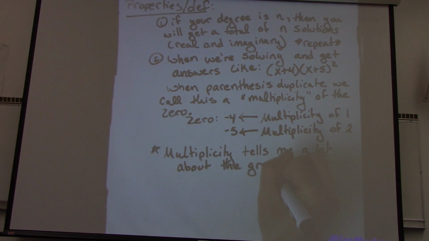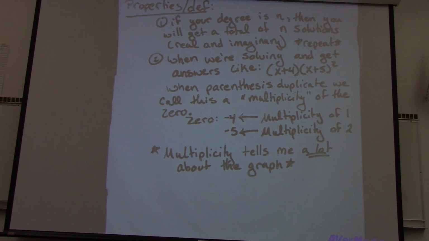I don't want to get into that today because we'll be doing that when we graph on Thursday. But it's good to start noticing multiplicities and identifying them now, because when I do that for graphing, we're going to analyze what it means as far as the graph is concerned. Does that make sense?